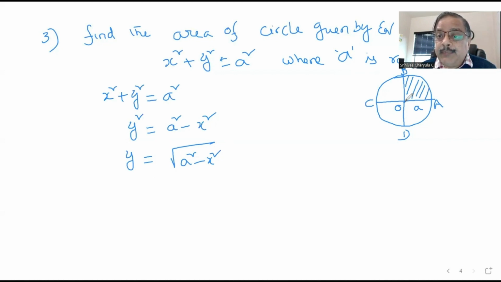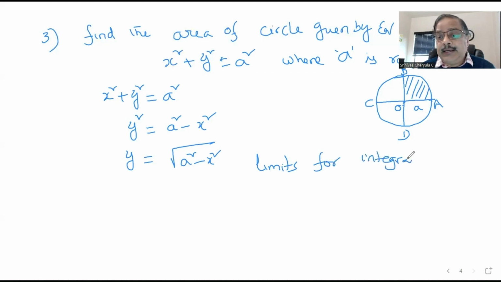So that means from here to here, this interval we have to choose as limits. So what are the limits now? Just starting from origin, that is 0, going up to the end of this, that is radius, that is a. So limits for integration, we should always properly select.